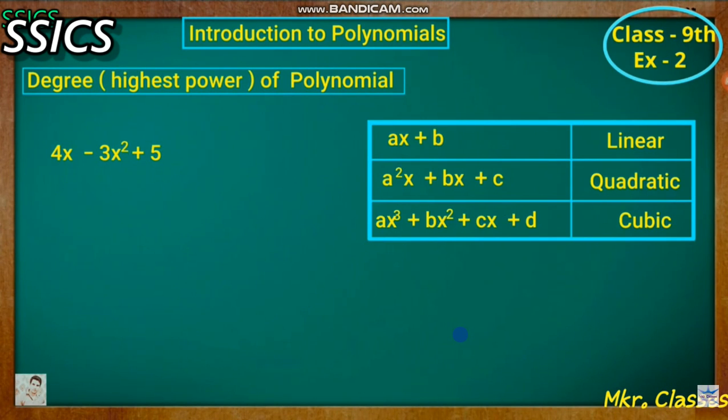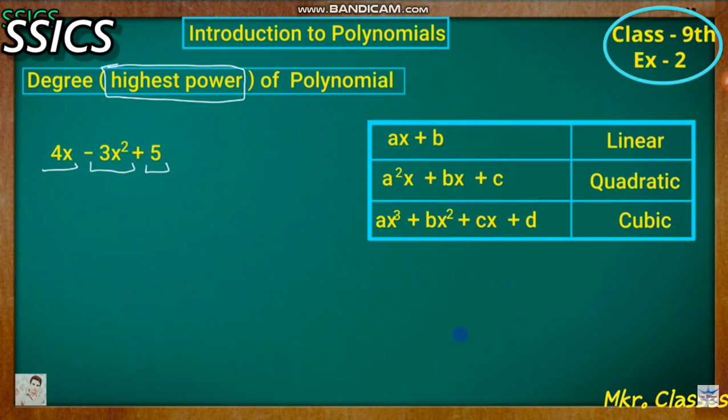Next, move on to the degree of polynomials. How do we decide the degree of a polynomial? By using the highest power of the given algebraic expression. For example, 4x minus 3x square plus 5 is considered a polynomial.